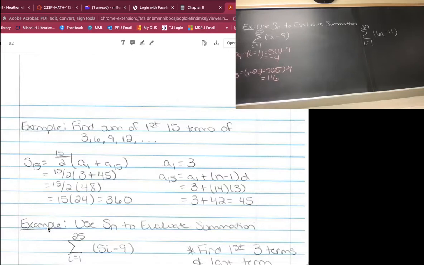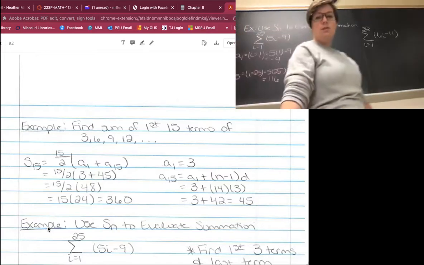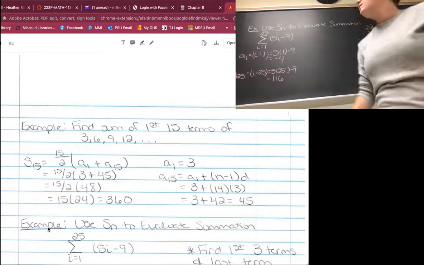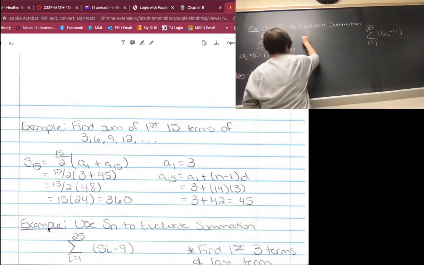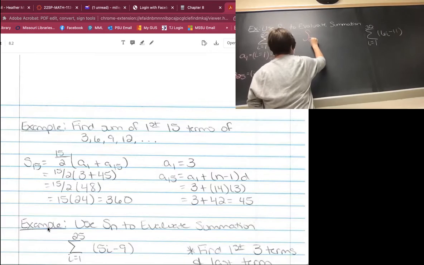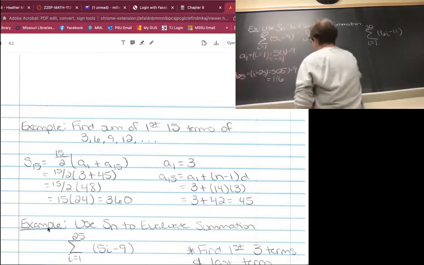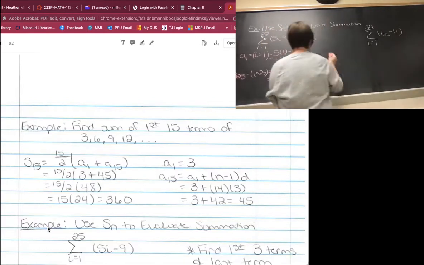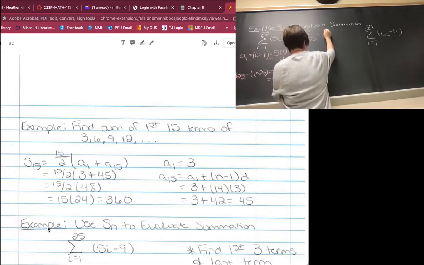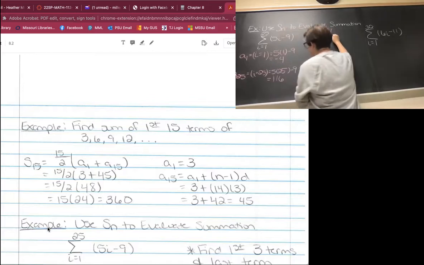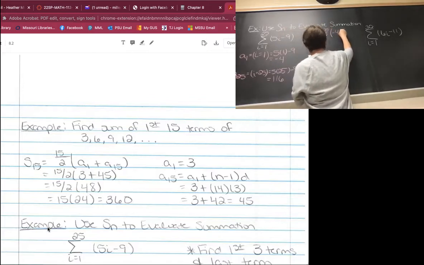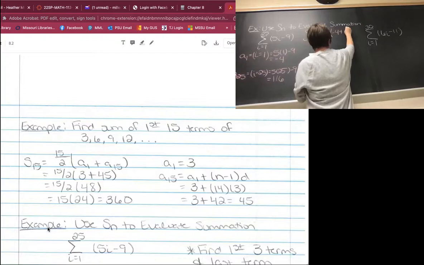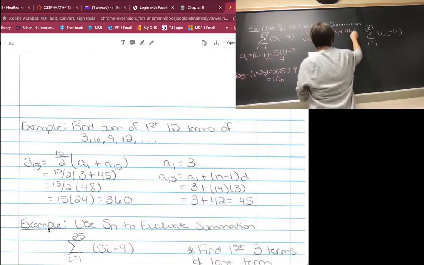Now we do this just like we've been doing the other problems, because the process isn't going to change. We're finding the sum of the first 25 terms of this summation. So that equals n, which is 25 over 2, times the first term, which was negative 4, plus the last term, which is our 25th term, which was 116.